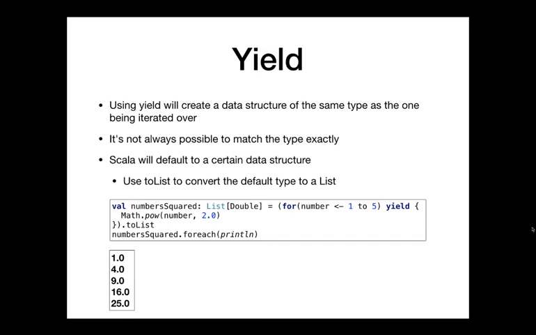When we have this syntax, for example, the for yield syntax, whatever we have inside here, Scala knows that anything we do inside the body of that loop, we're not concerned about unless it helps us build this data structure.